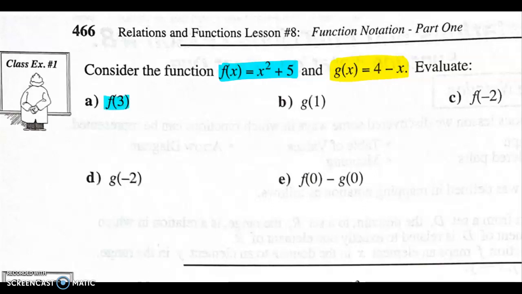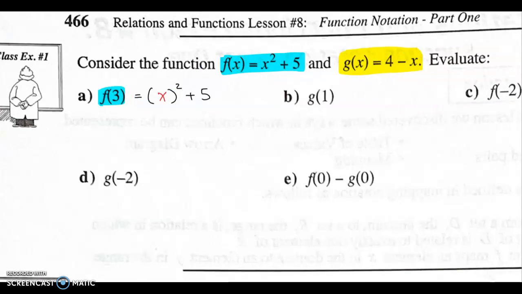What would f of 3 be, given that f of x is equal to this particular equation? We can start by rewriting the original equation, but instead of where x is, we replace that with the input given in the question, which is 3. That gives us 9 plus 5, which is 14. So we know that when the input is 3, we have an output of 14.